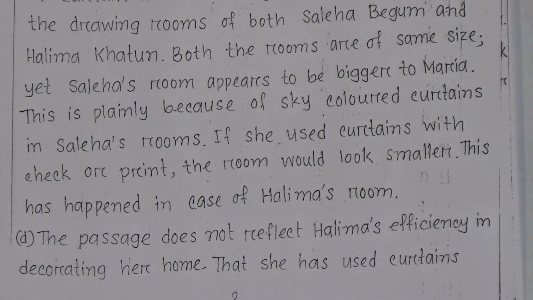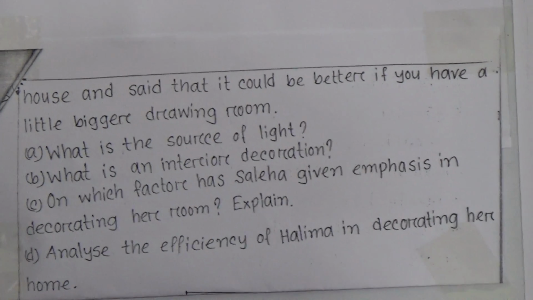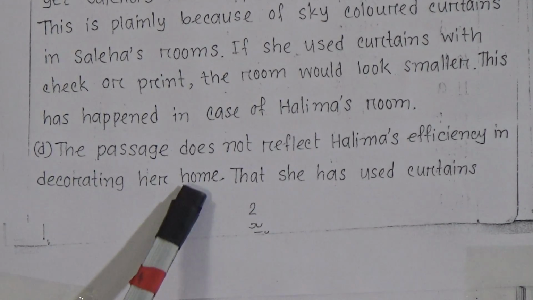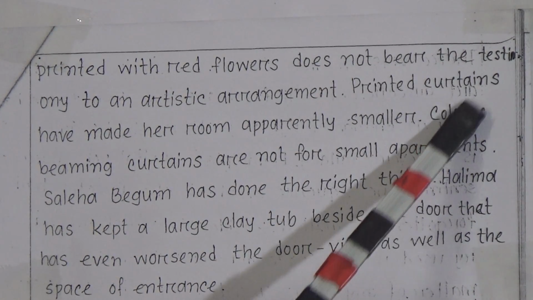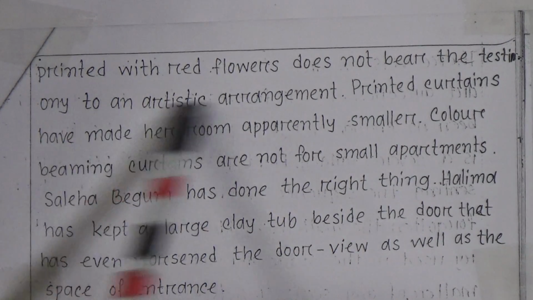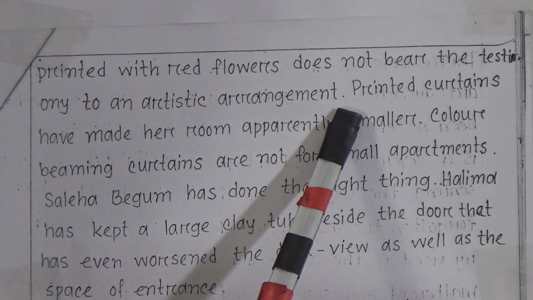Now the last question is, analyze the efficiency of Halima in decorating her home. Answer: the passage does not reflect Halima's efficiency in decorating her home. That she has used curtains printed with red flowers does not bear testimony to an artistic arrangement.